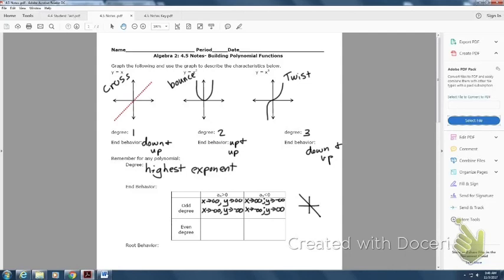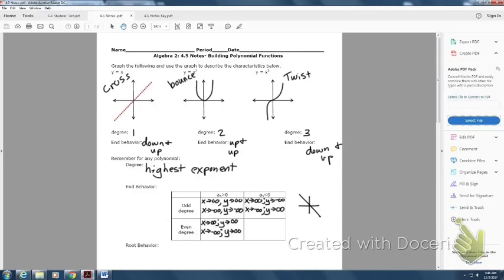On an even degree, as x approaches infinity, and be looking at that parabola up there, as x goes to the right, is y going up or down? Up. As x goes to negative infinity, or to the left, is y going up or down? Up.